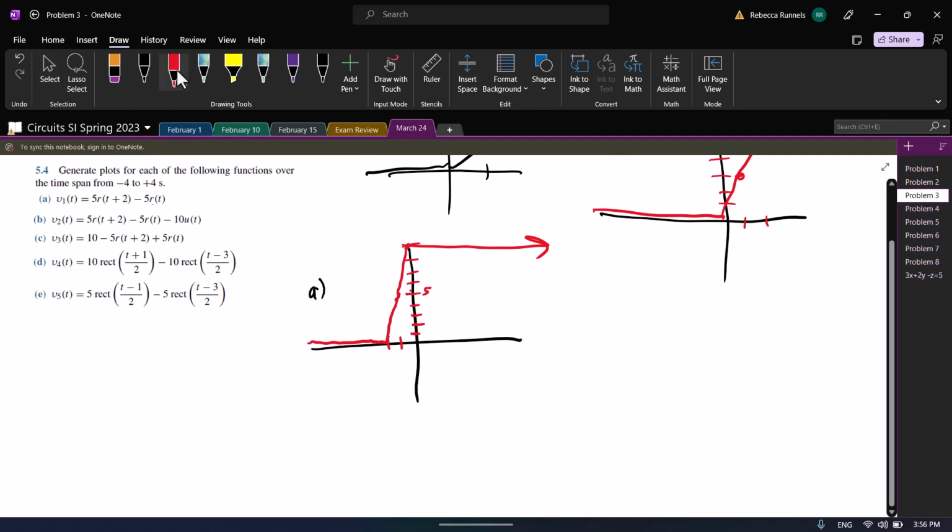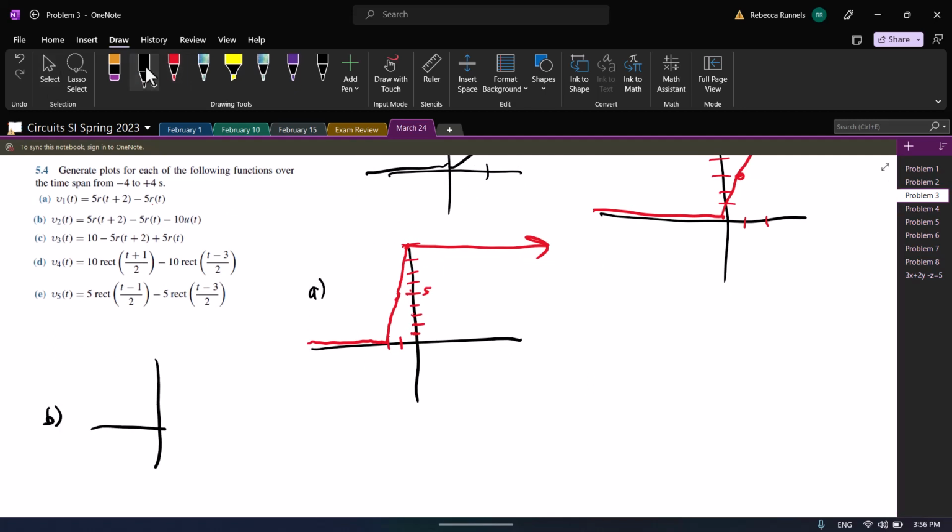Okay. So for B, it's 0 until I get to -2.